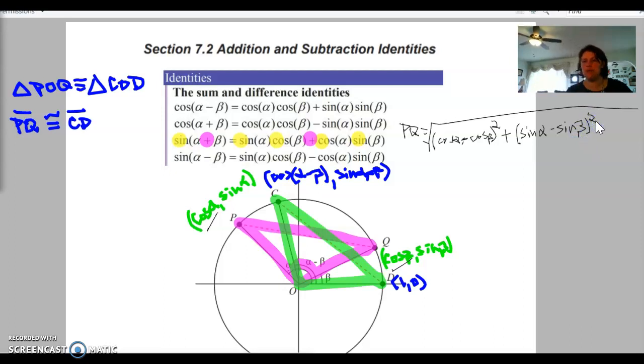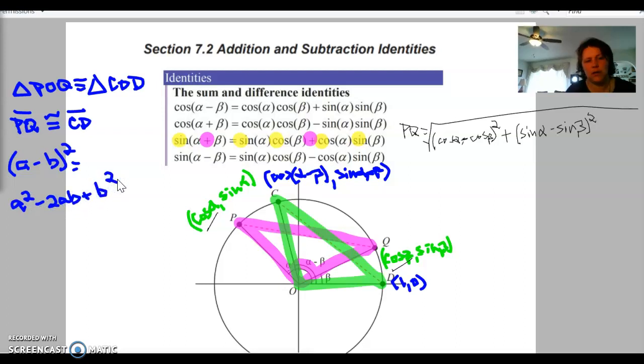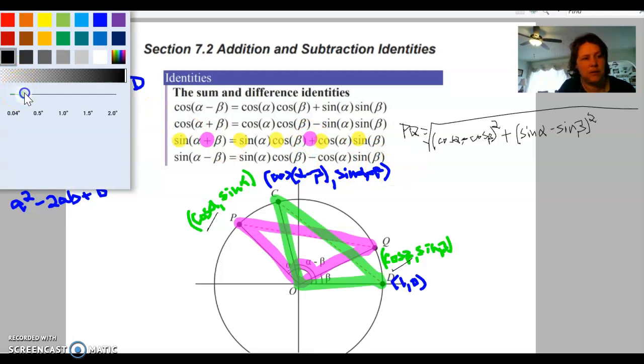Okay, now when I square these out, I'm going to use this property. Remember when we have a minus b squared, that's going to equal a squared minus 2ab plus b squared. Alright, that's a property I'm going to use when I square these out. Let's make that just a little bit bigger.